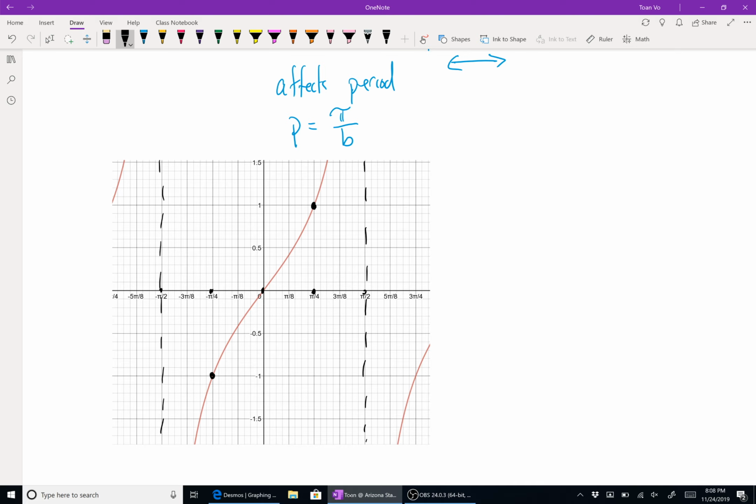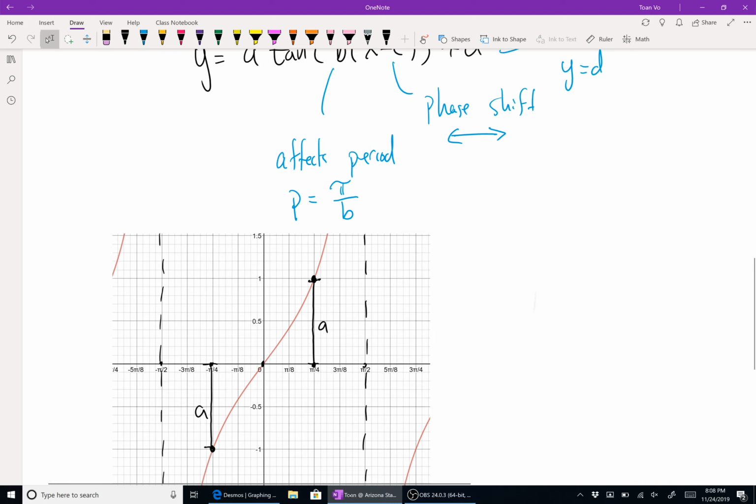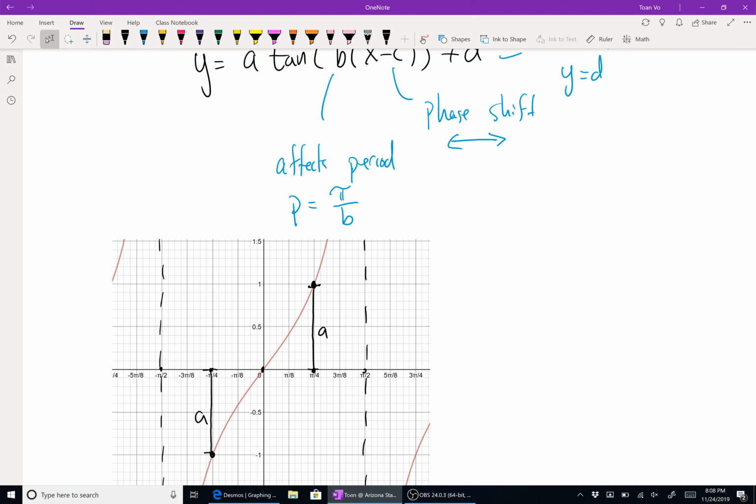This is a very easy to read point. So this right here is what A will affect. It will affect this scaling here. So while tangent doesn't have an amplitude, in order to make our graphs somewhat presentable, somewhat accurate, these quarter points or these middle points are what we're looking for.